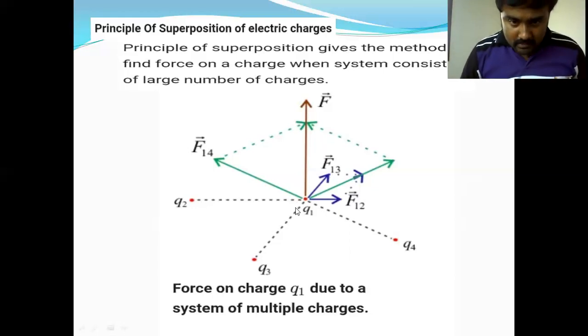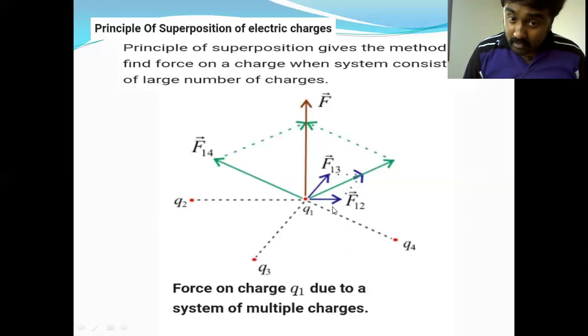So for the force acting on plus Q1 due to plus Q2, plus Q1 will experience a repulsive force, which is represented by the F12 vector. Let us consider the distance from Q2 to Q1 as R21, that is the distance from the Q2 location to the Q1 location.